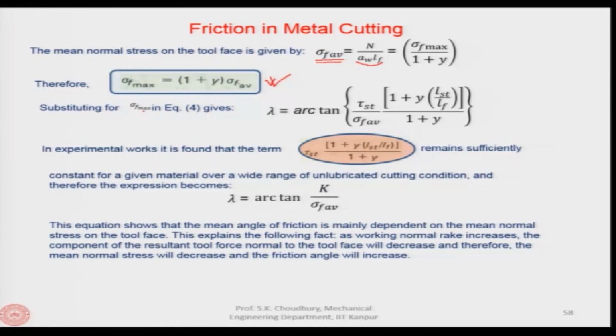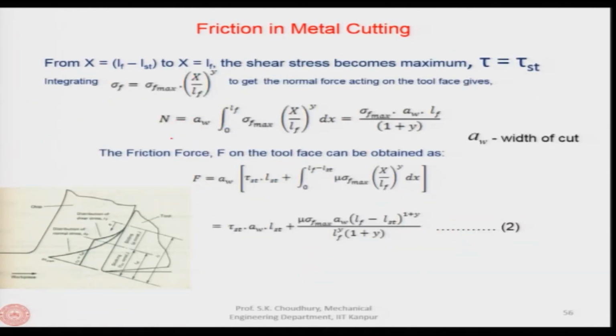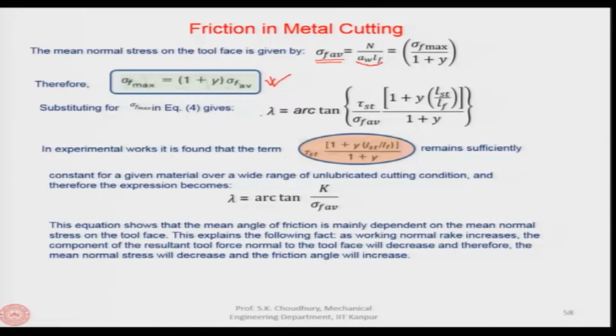Now, substituting sigma f max in the equation 4, in this equation we have the sigma f max, and this we are substituting, then we will be getting the value of the lambda through the arc tan, and this will be the arc tan of this value. Okay. Now, in experimental works, it has been found that the term tau st, this and this remain sufficiently constant. Okay.